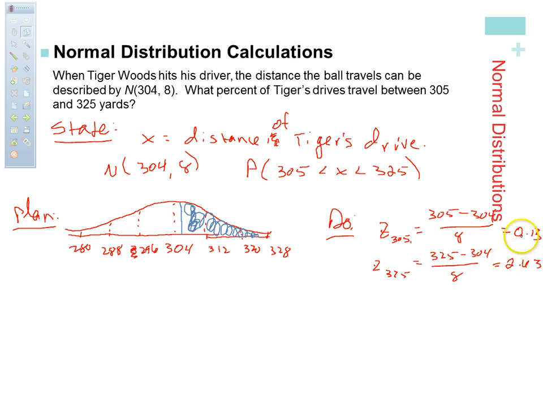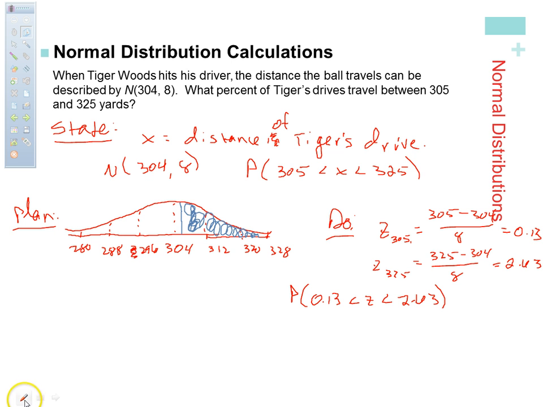Great. Now I'm trying to find the proportion of drives. Now it's a matter of finding the proportion of z-scores between 0.13 and 2.63.